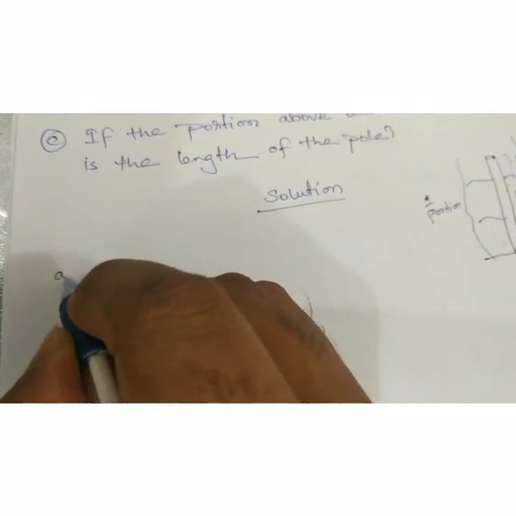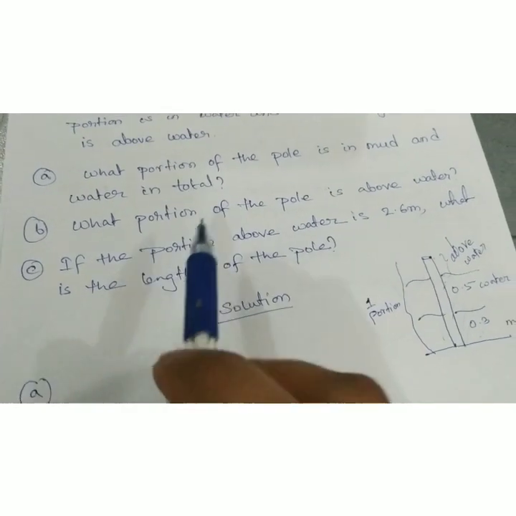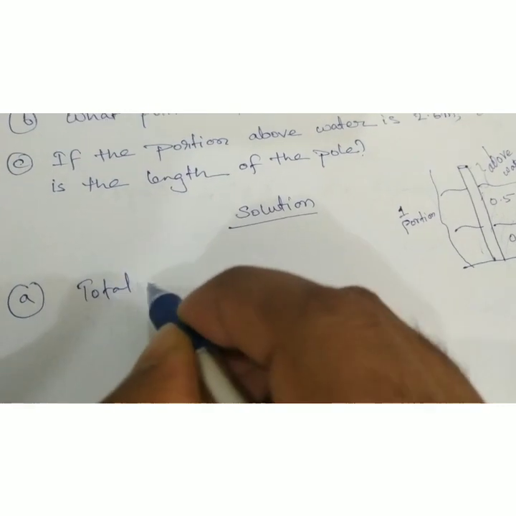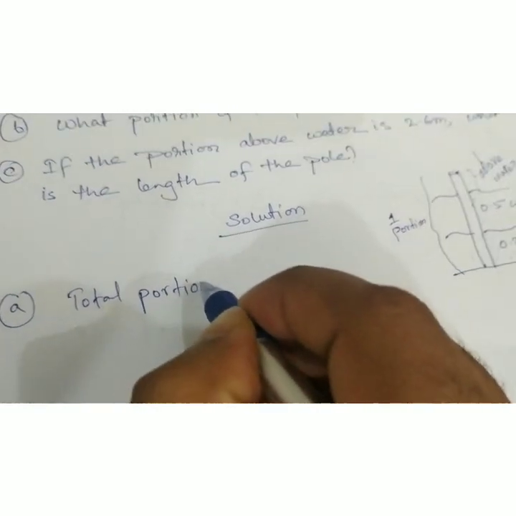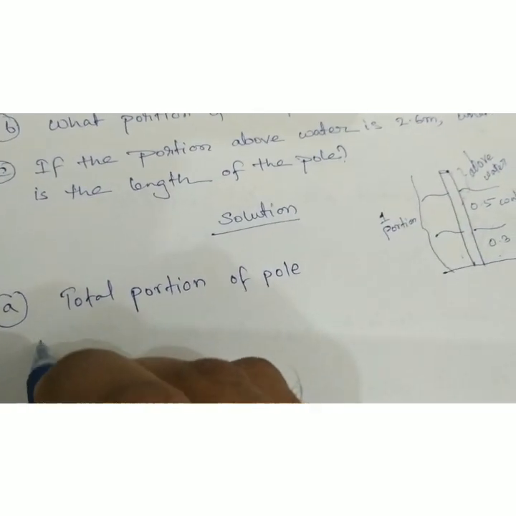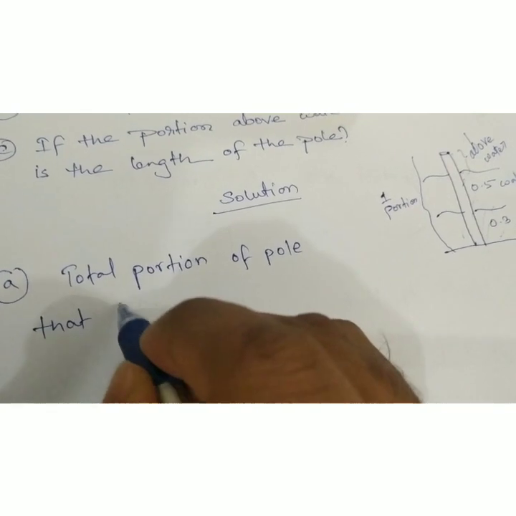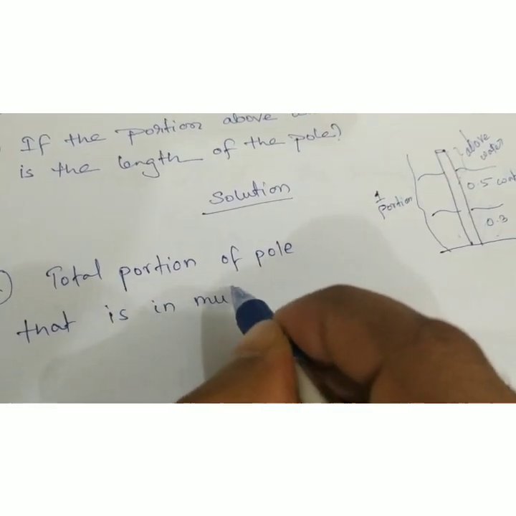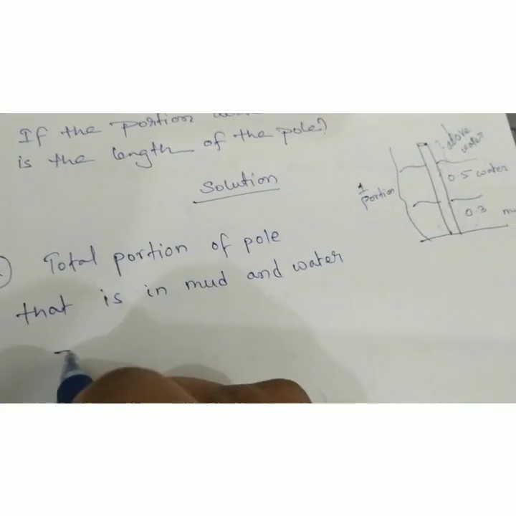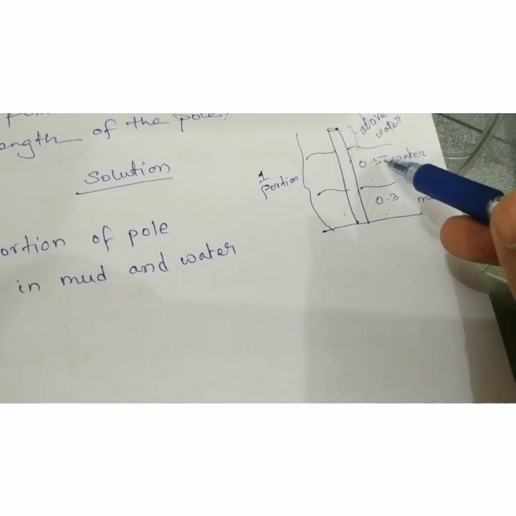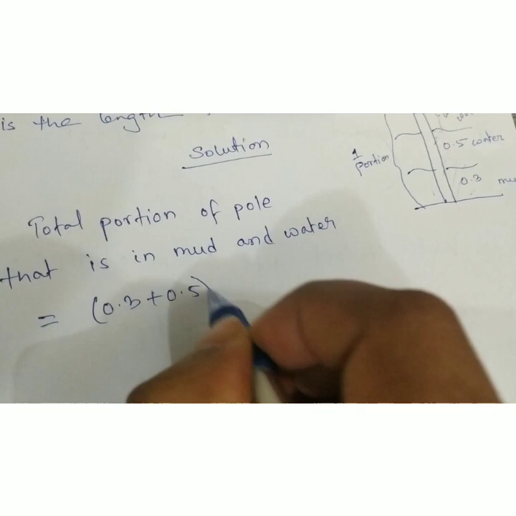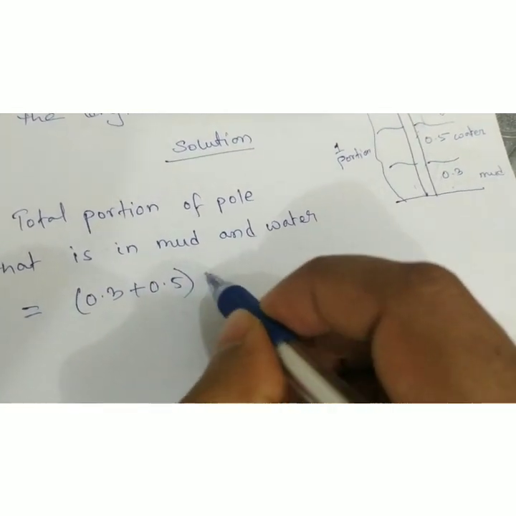So we can write, total portion of pole that is in mud and water equals 0.3 plus 0.5 portion.